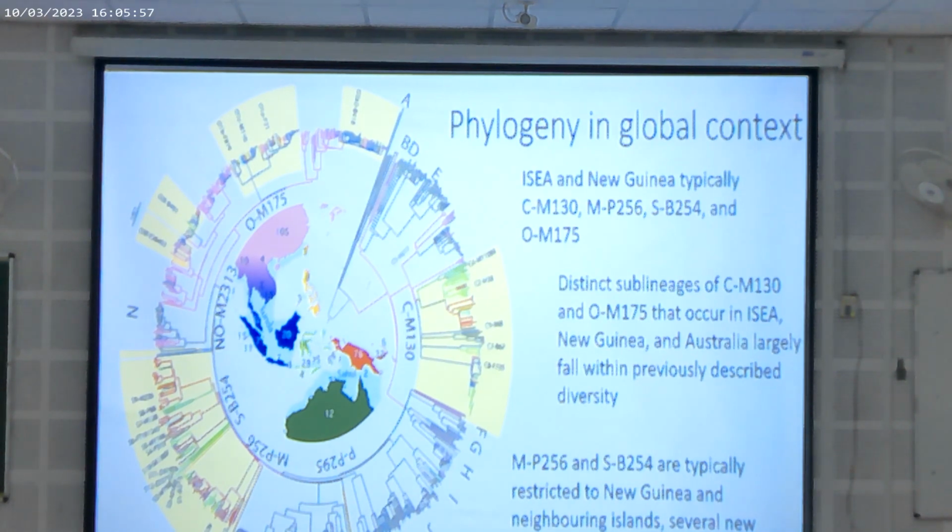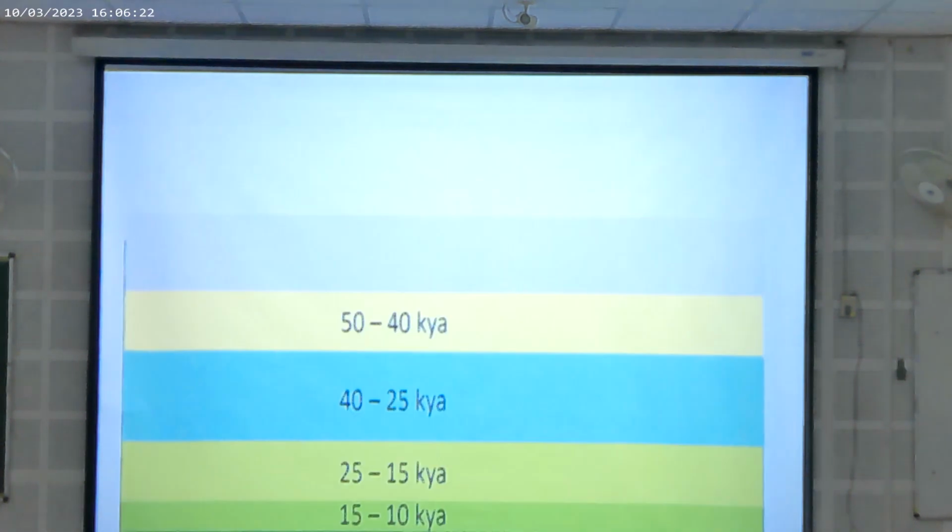I'm going to skip lots of slides and go further. I just note here that for haplogroups C, N, and S, some of their sublineages are very typical to this region, and then there are some subgroups of haplogroup O which are also found in this region.